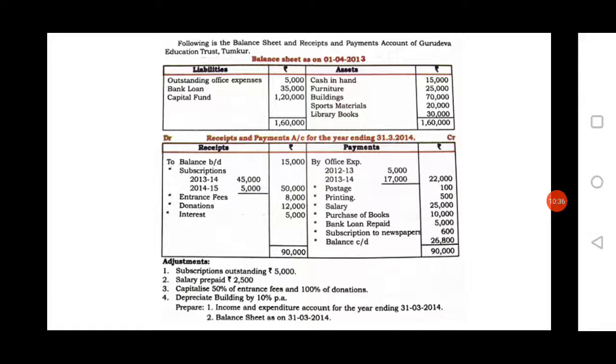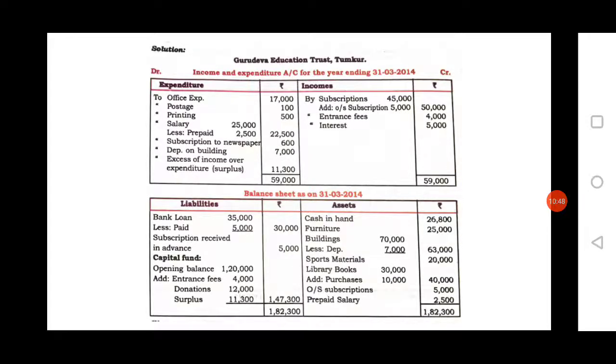Next item in the opening balance sheet is bank loan 35,000. Here on the payment side, bank loan repaid 5,000 is given. Therefore, in the current year's balance sheet liability side, bank loan 35,000 less paid this year 5,000, then remaining 30,000. Current year's bank loan liability is 30,000.